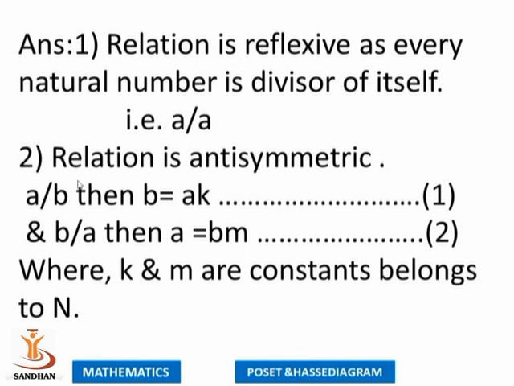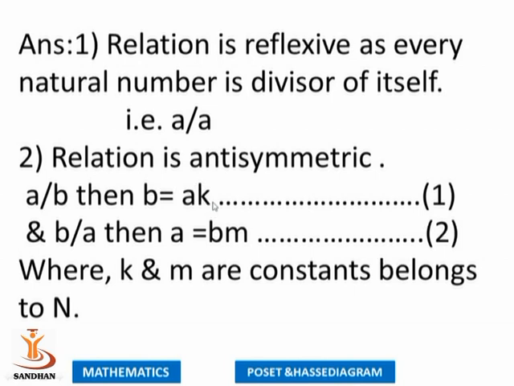The second condition is that the relation is antisymmetric. We can check here that if A divides B, we can write B equals A times K. That is, if 2 divides 6, we can write 6 as 2 times 3.